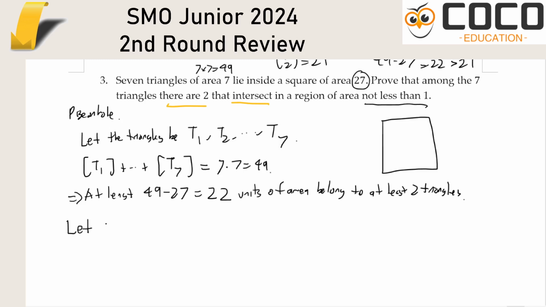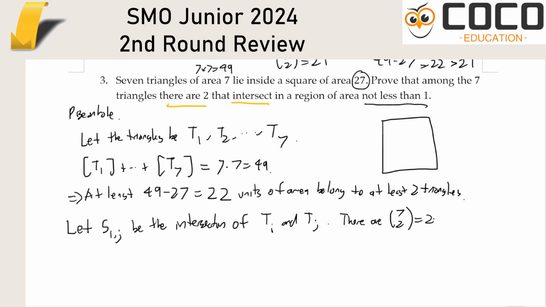So I'm now going to let the intersections, I'll call it Sij, be the intersection of Ti and Tj. And so there are 7 choose 2, which is 21, such Sij.